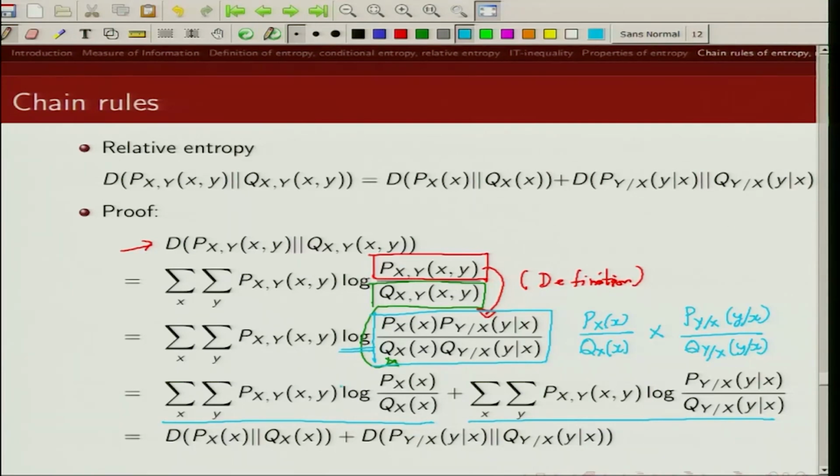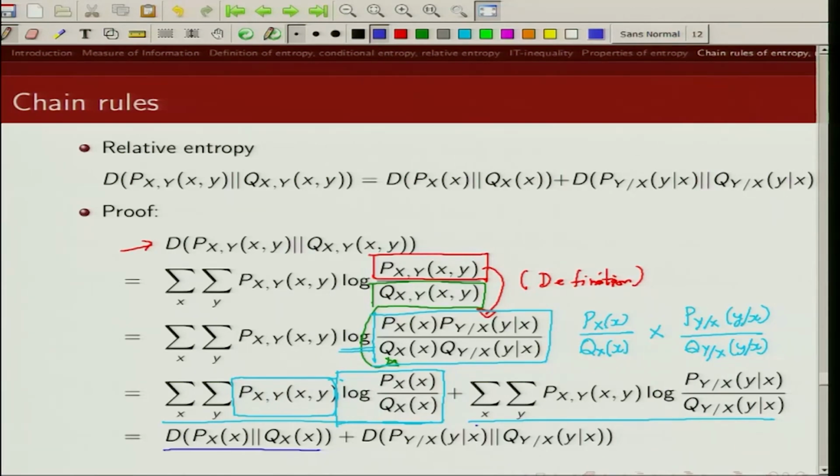Now again, this particular quantity does not depend on y. So when I sum it over y, I am essentially summing this over y. If I do that, what I will get is summation over x, p of x log of p of x by q of x, which is nothing but the divergence between p of x and q of x.